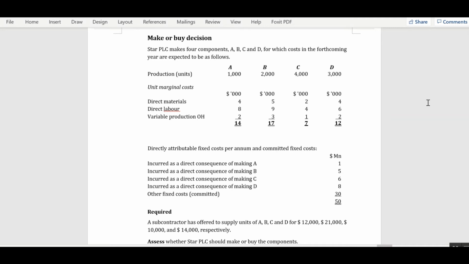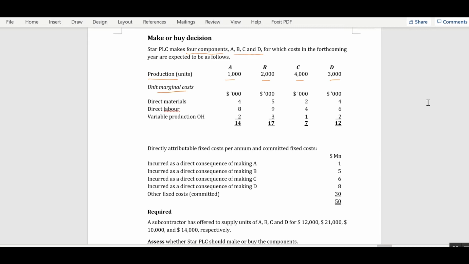Star PLC makes 4 components A, B, C and D, for which cost in the forthcoming year are expected to be as follows. So you are given the production units 1000, 2000, 4000 and 3000 units for all these 4 products.